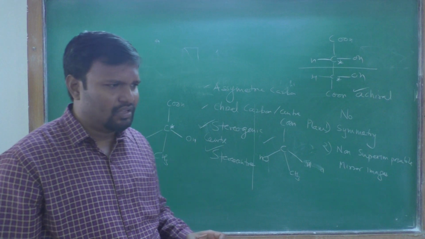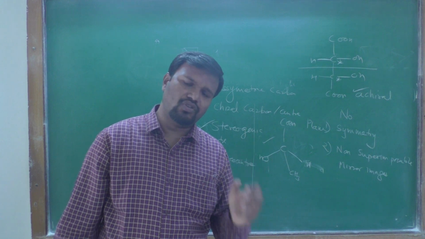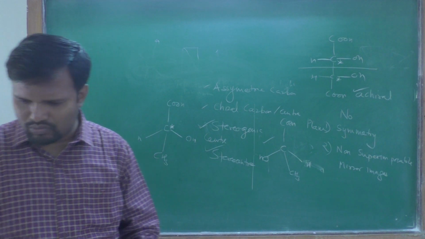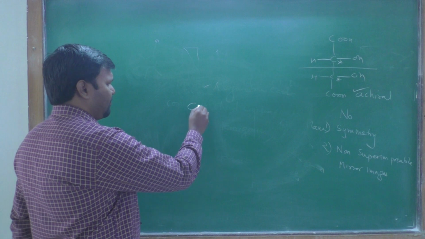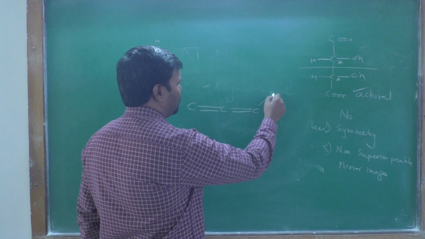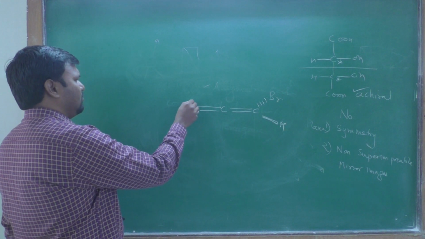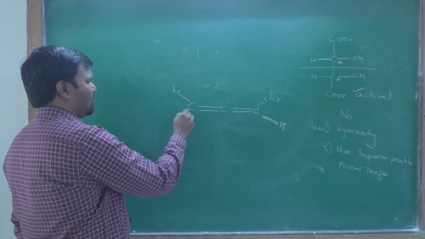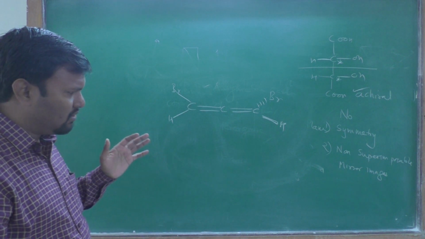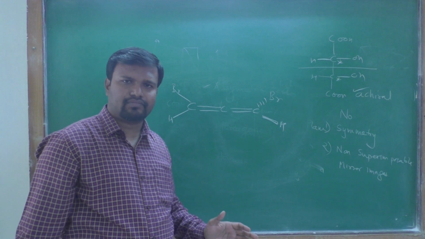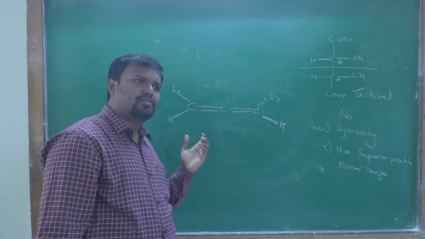There are some molecules that lack an asymmetric or chiral carbon, yet they show chirality. The first is allenes. Allenes do not have any stereo center, though they show chirality.